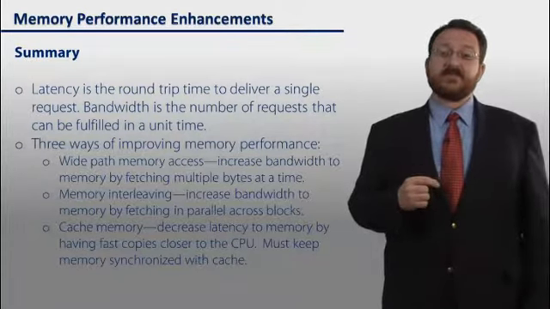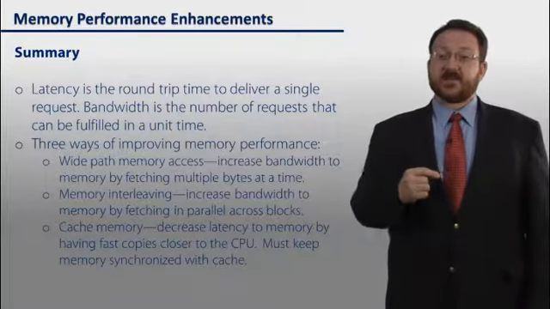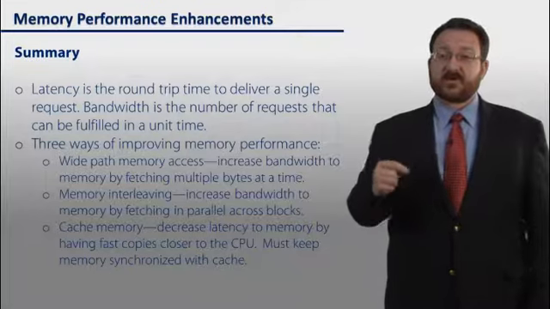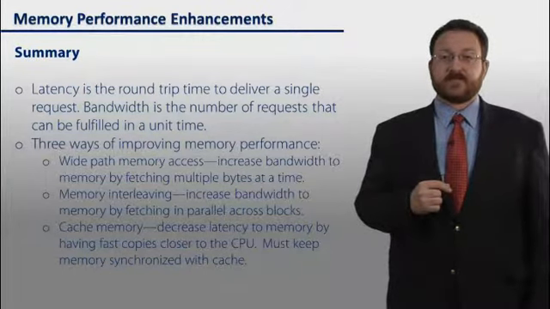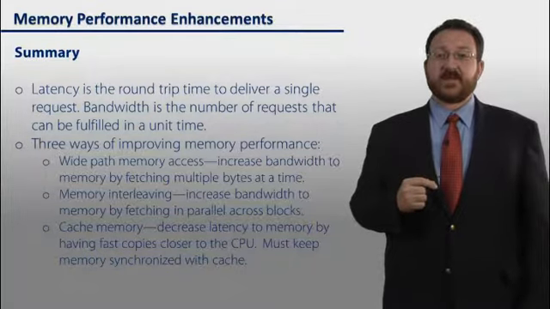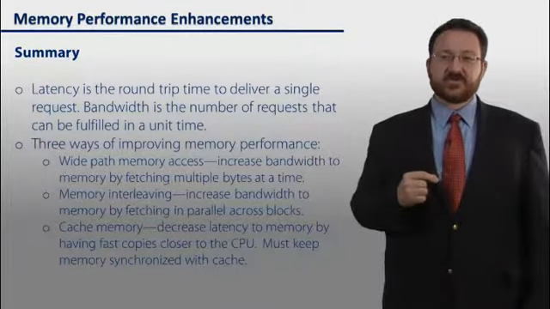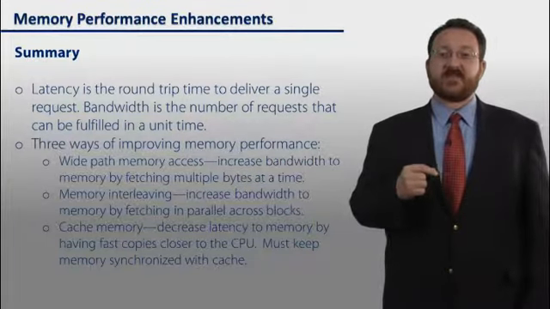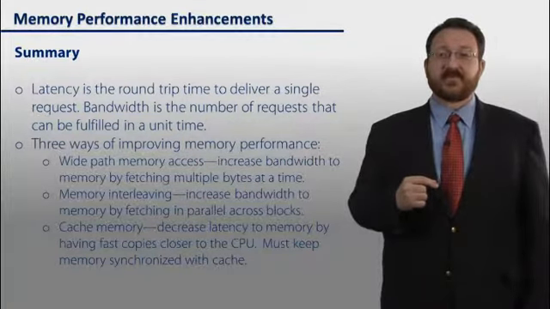We achieve that by using memory interleaving. This is also a bandwidth increase approach. And by doing this, we distribute our reads across multiple blocks. And finally, cache memory tries to decrease latency to memory by having fast copies closer to the CPU. But we have coherency issues where we have to keep these pieces of memory synchronized with the cache.